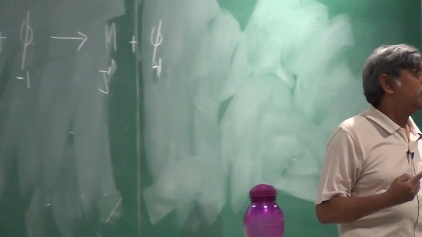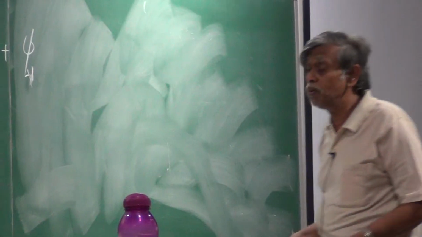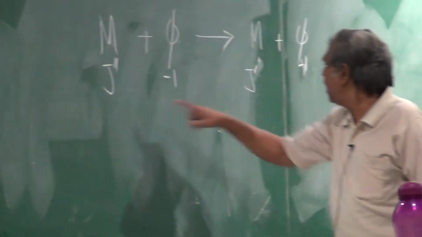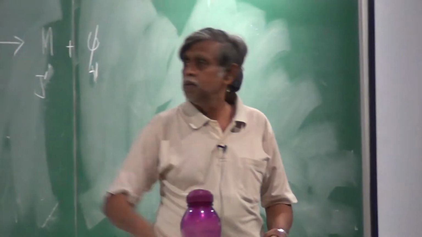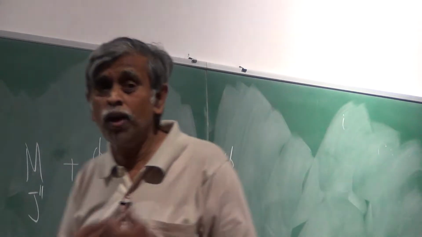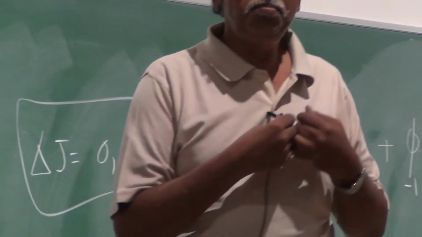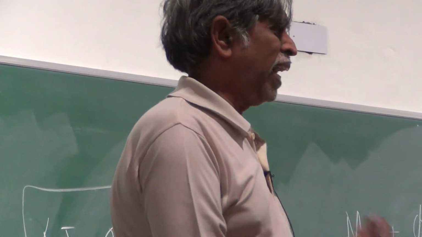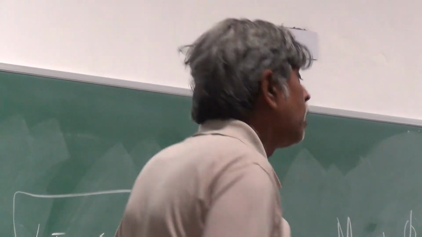Okay, these are three possibilities. The photon can be with 1 unit of angular momentum in both cases. Could be plus 1 and minus 1 in this case, or a minus 1 and a plus 1 in this case. And therefore, if you put in all these three possibilities, you will find that this J and this J must be related by either 0 or plus minus 2. And so you can actually look at the selection rules as implying the conservation of angular momentum in this process.